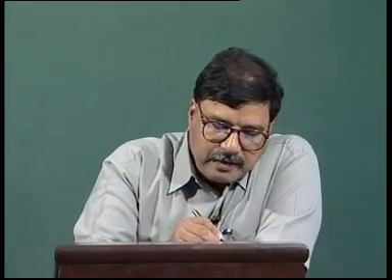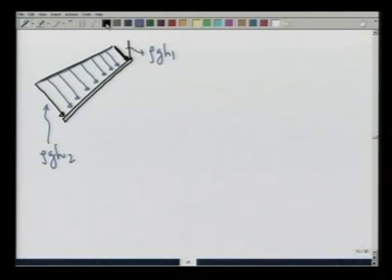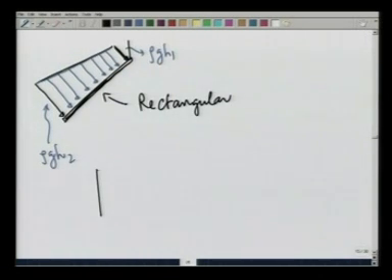I would like to clarify one thing out here, that this loading that we are taking to be linear is going to be true only in the case when the sheet is rectangular. So, now we are restricting ourselves to a very specific shape of the sheet, which is rectangular.